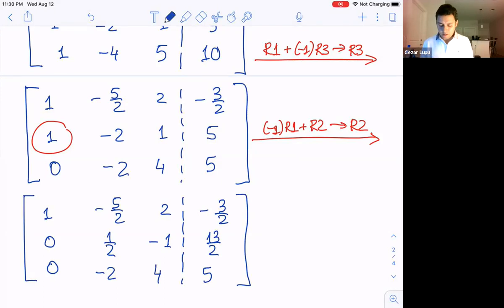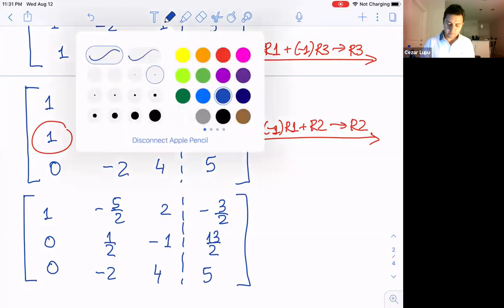Yes, okay. Now what we're going to do, I have my zeros here, as you can see, below this leading 1, I have zeros, and I have some fractions there. And if you look at row 2, maybe I should do something to it.